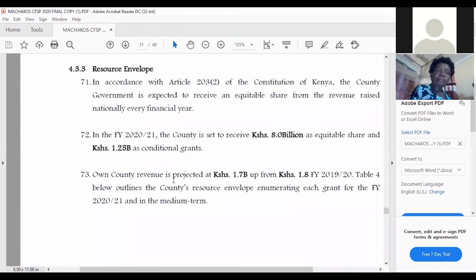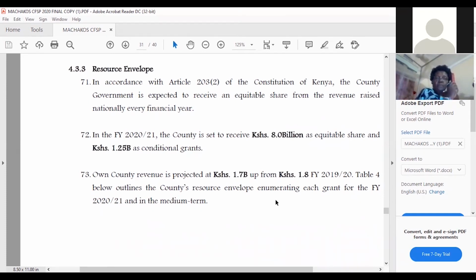So county revenue is projected at 1.7 billion, down from 1.8 billion in financial year 2019-2020. Even as you can see, we had reviewed the 2019 one, all right? So in 2019-2020, that financial year, they had projected that they will generate revenue of 1.8 billion. But in this financial year, 2020-2021, they had said 1.7 billion.